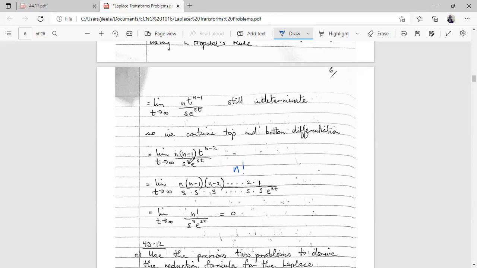And then what will happen in the denominator? You'll keep getting s's. So for each factor on top here, you'll get s. So you get s by s by s by s all the way down. So you could separate each factor on top over an s then. And this will be s to the power n basically, because the top is n factorial, over e to the st, right?